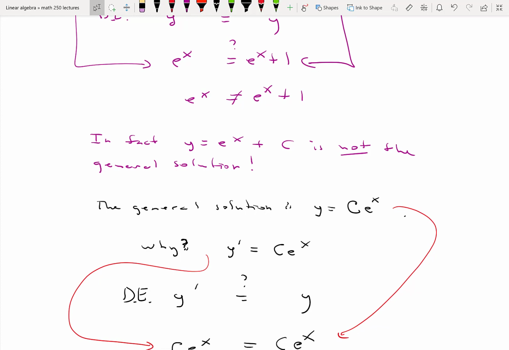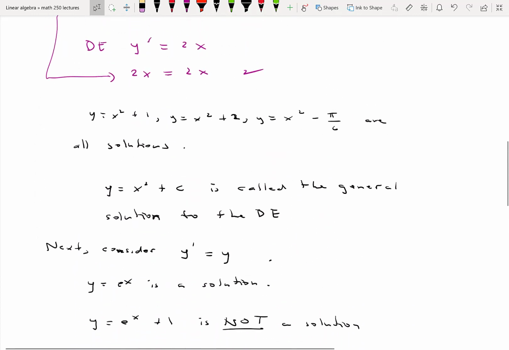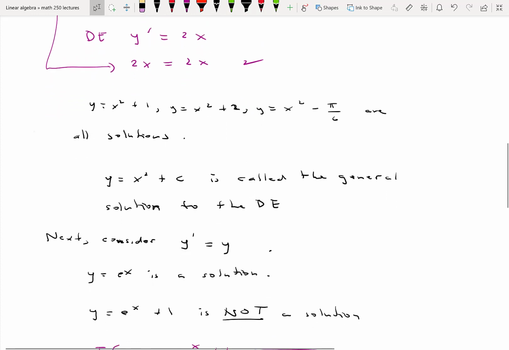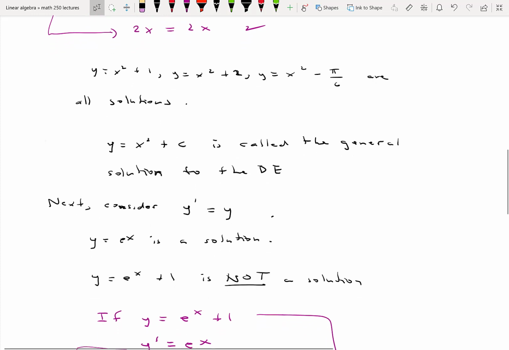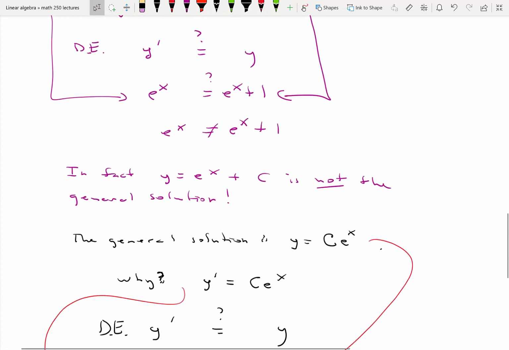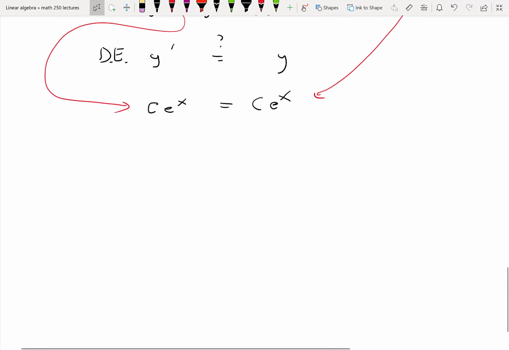For the previous differential equation, y equals x squared plus c looks like the general solution. Why can't there be something else? Why can't it be sine of x over x cubed plus 14 or whatever? I haven't proven that the solutions I've given are exhaustive. That means I haven't proven that I found them all.